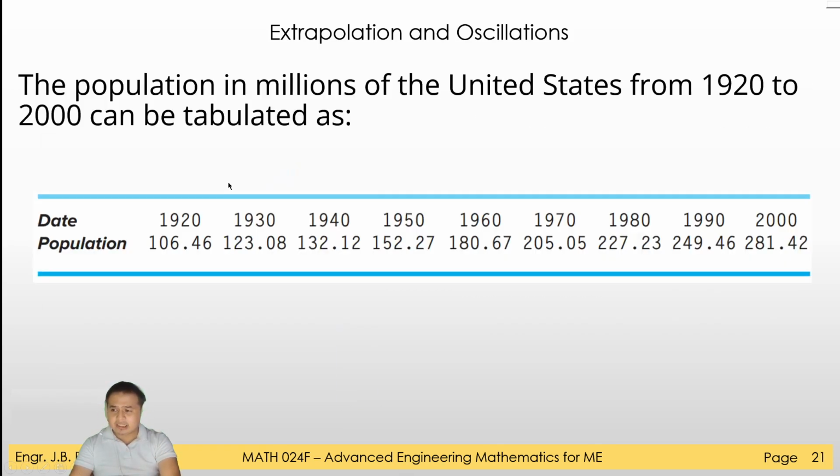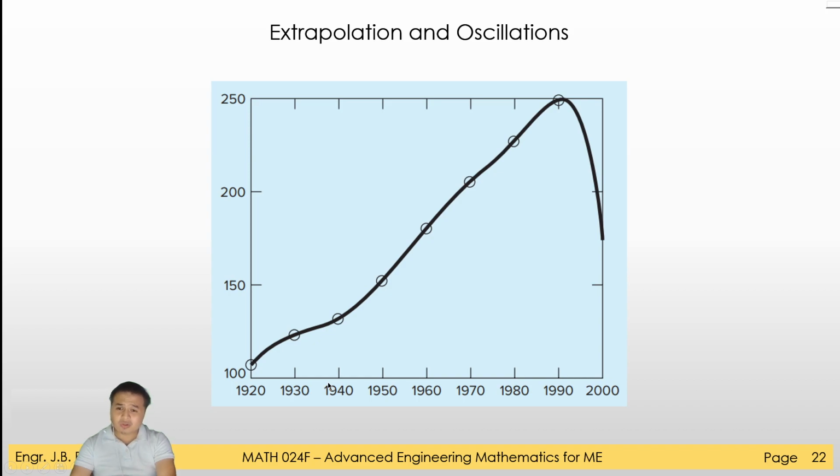Okay, and then just an illustrative example of this. Let's say you have a population of the United States from 1920 to 2000 in millions here. So in 1920, you have 106 million. 1930 is 193 million, and so on. And then 2000, you have 221 million. So you can see a trend here that it is increasing, in some scale. But if you use a polynomial interpolation here, it will look like this.